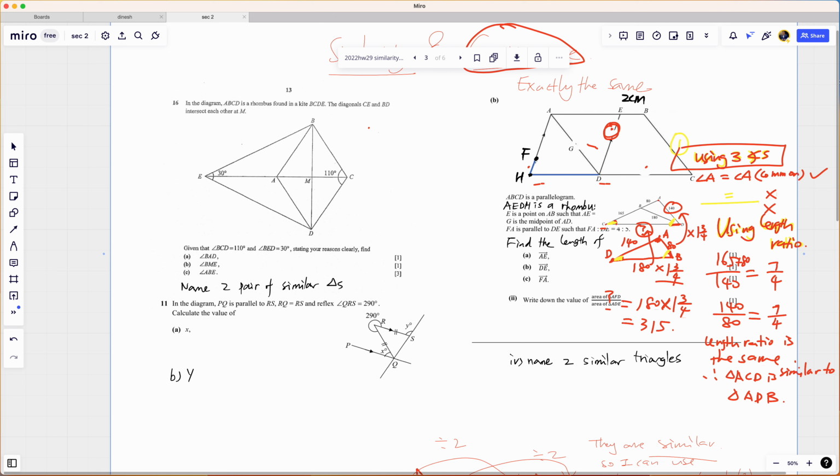So you can make use of option 1. Use 3 angles. So what you say? This one, angle ABM is equal to angle CBM, 45 degrees, right? Okay. Then this one 55, that one also 55. So angle BAM is equal to angle BCM.